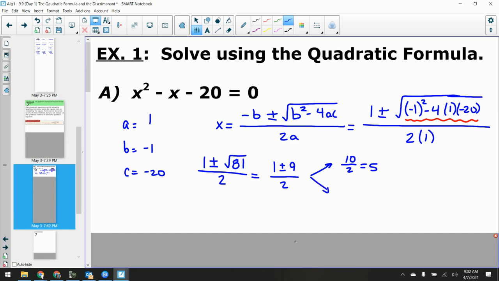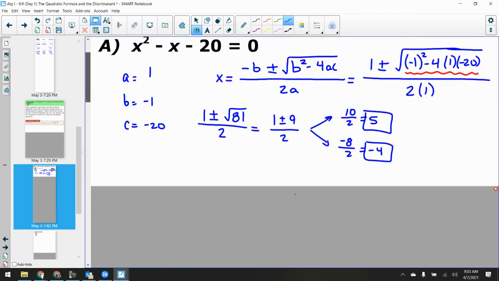And then I can take 1 minus 9. Well, 1 minus 9 is negative 8 over 2, which is negative 4. And those are my two answers. x equals 5, x equals negative 4. Any questions about that?